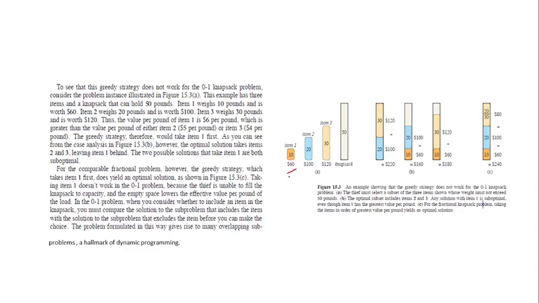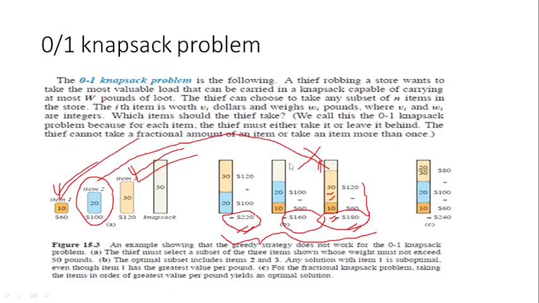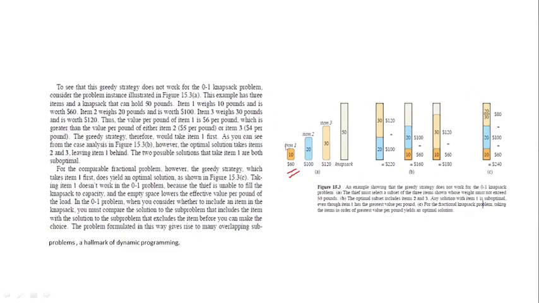For the first item, you can see here it is 10 and 60, so each gram is $6. For item 2, per gram or per pound cost is $5. For item 3, per gram or per pound cost is $4.